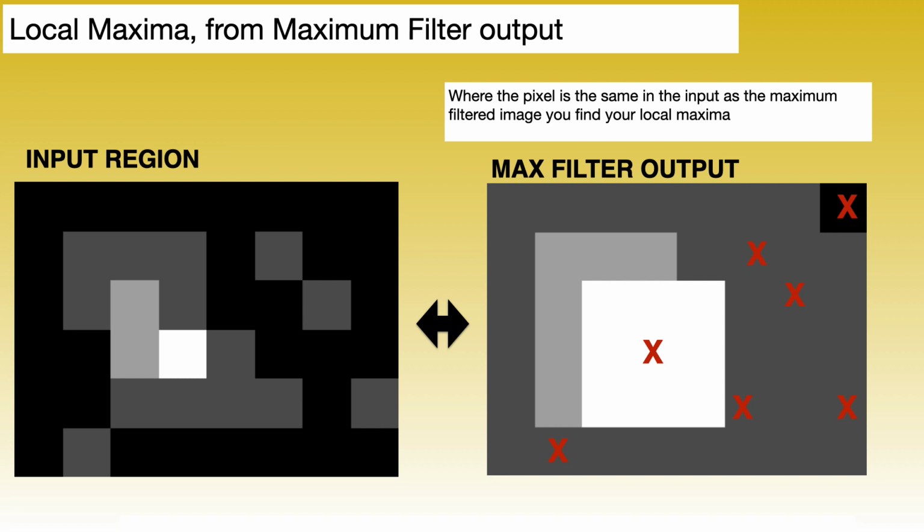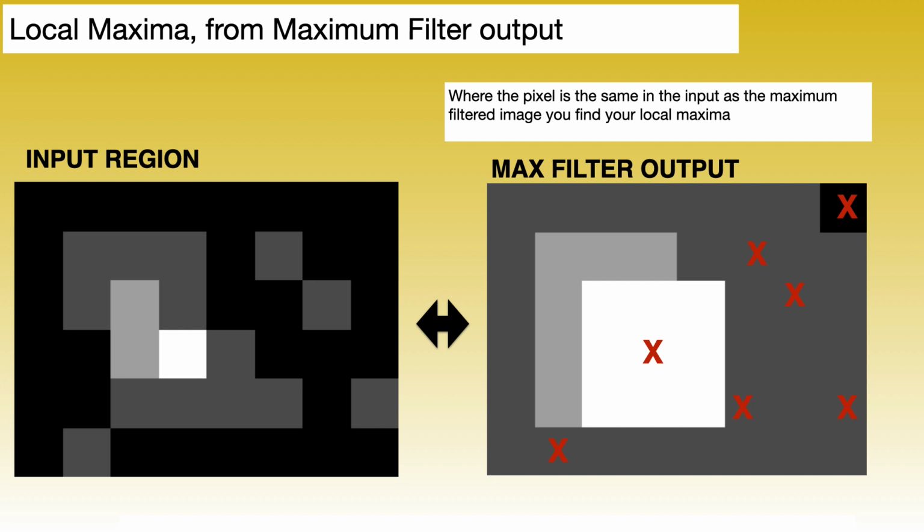So that pixel must represent a local maxima. And this is quite an effective way of dismissing pixels which are on a gradient, because if they're on a gradient, they will not be a maxima. So it will reveal those pixels which are on the top of the intensity range in an area.